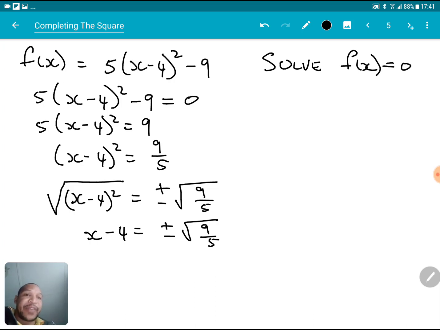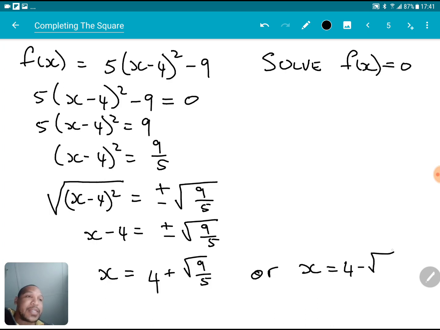So x can be equal to 4, because I'm going to take that 4 over, plus the square root of 9 over 5, or x can be equal to 4 minus the square root of 9 over 5. And that is how you complete the square and solve for x by completing the square.